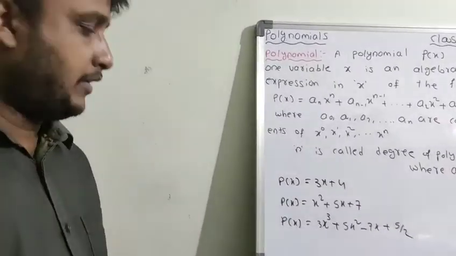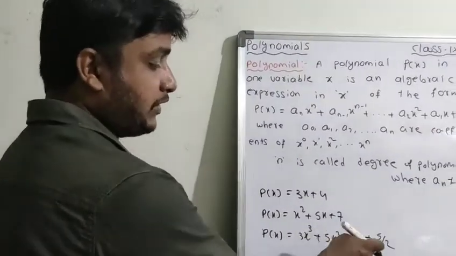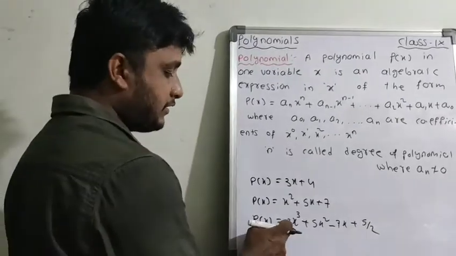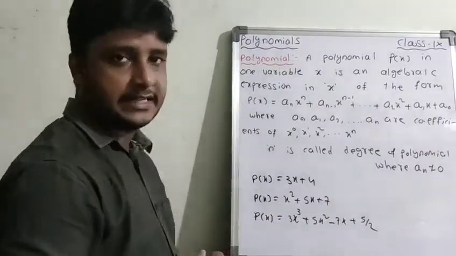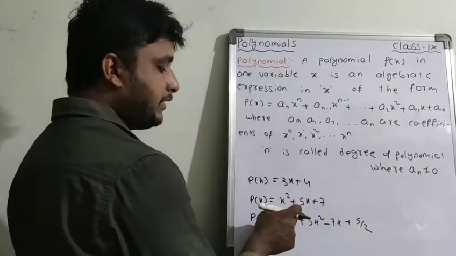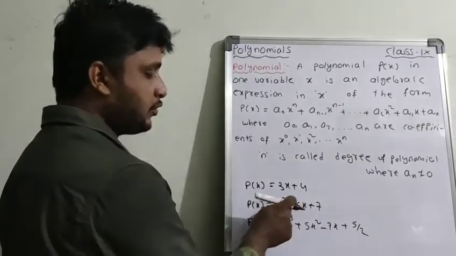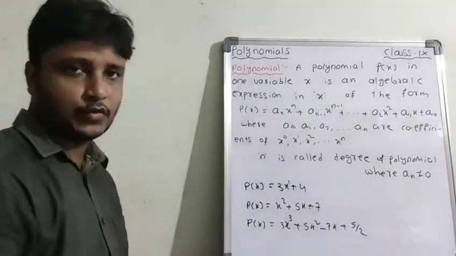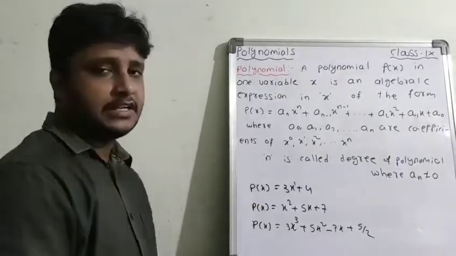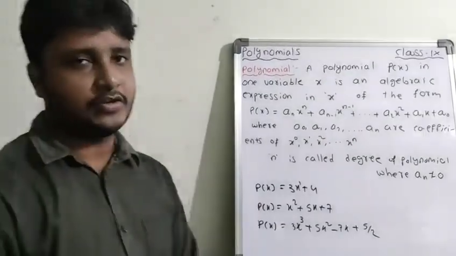It is also a polynomial. If you observe, only the x variable we are using, and these are all coefficients, they are the numbers, and the degree here is 3, here degree is 2, here degree is 1. Okay, so this is the definition of polynomial. These are the examples of the polynomial.